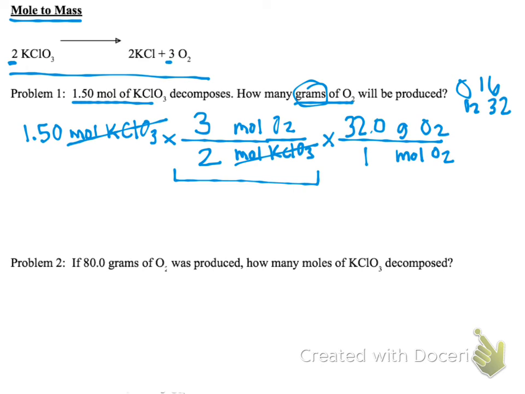Your units that are diagonal are going to cancel out. You are left with grams O2, and that is what it is asking. So you need to multiply all of your top numbers, get an answer, and then divide it by your bottom numbers. Get your answer. Your final answer, and we're going to do sig figs, should be 3 sig figs. And you should get 72.0 grams O2.